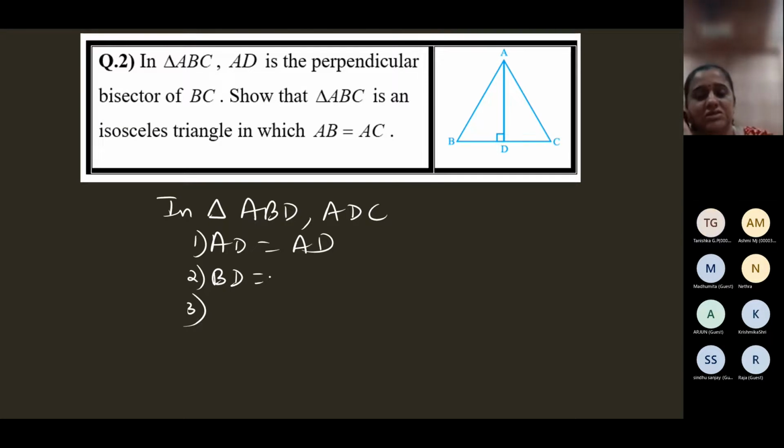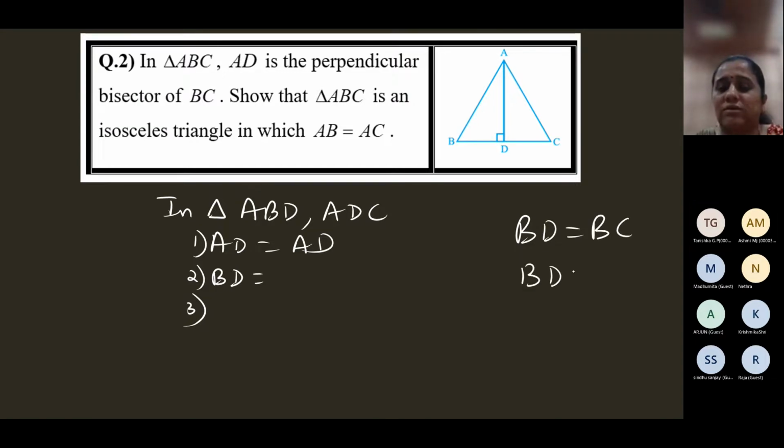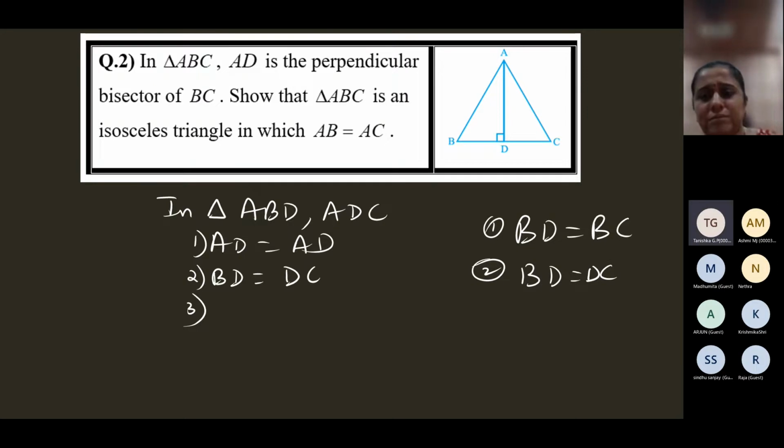Triangle ABD, ma'am, is equal to DC, ma'am. Okay, correct. Then? D is the midpoint, ma'am, BD is equal to DC.